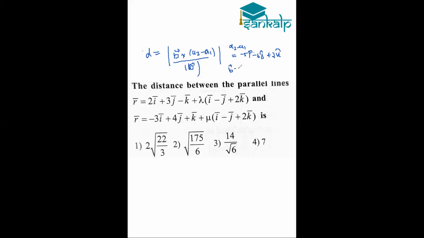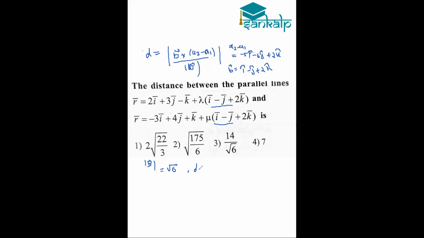The value of b is already given; both the values are the same. This is the vector b, that is i - j + 2k. Also calculate the modulus of b. So mod of b will be equal to root of 1 plus 1 plus 4, which is equal to root 6.